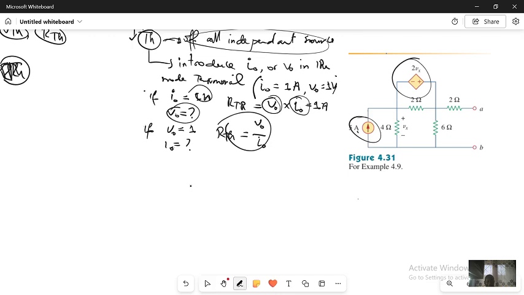So my circuit will become like this one.